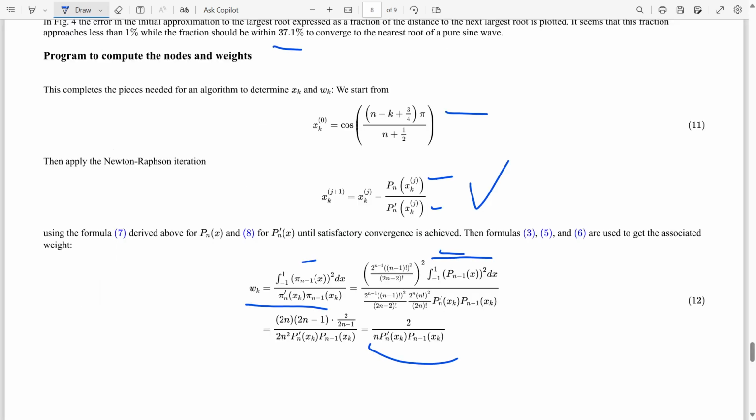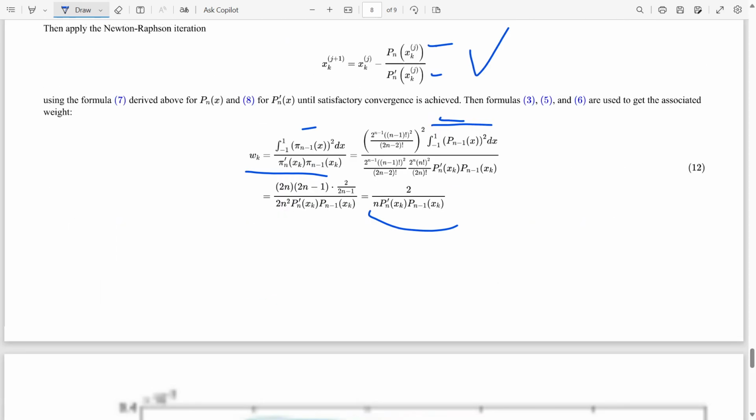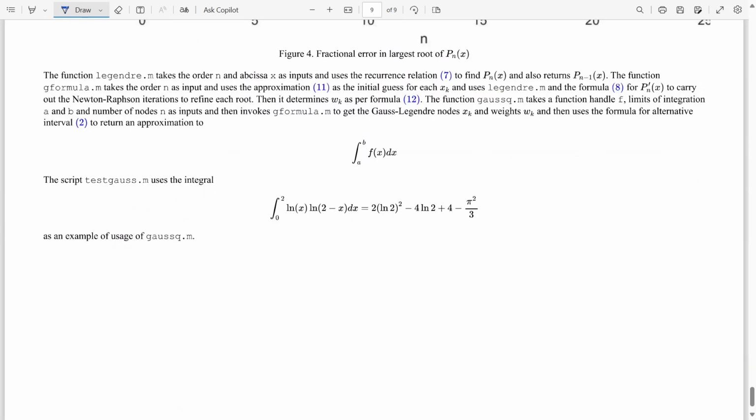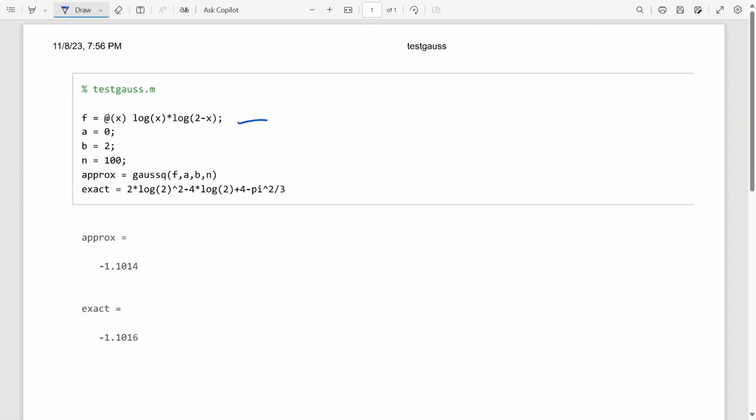So here's my function, log x log(2 - x), and I wanted to integrate from 0 to 2, and I chose 100-point Gauss quadrature, and it produces this approximation.